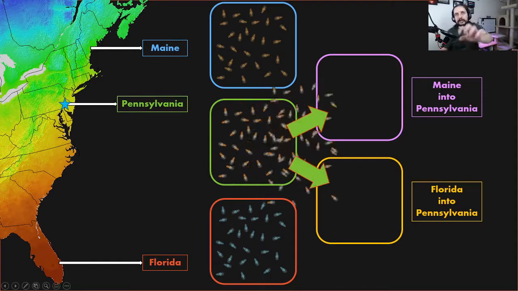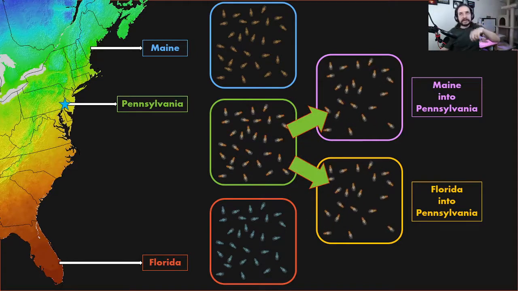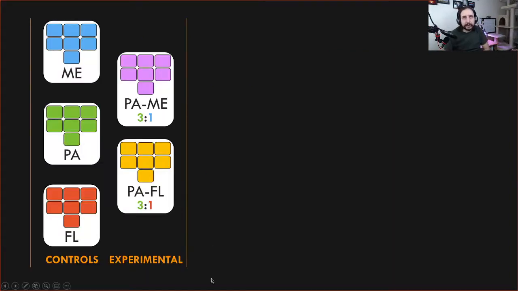So I put a bunch of flies from the Pennsylvania outbred population into some cages, and then brought some individuals from Maine into Pennsylvania, and then Florida into Pennsylvania. While doing this, I created 7 replicates of each of these, and I used 3-to-1 ratios.